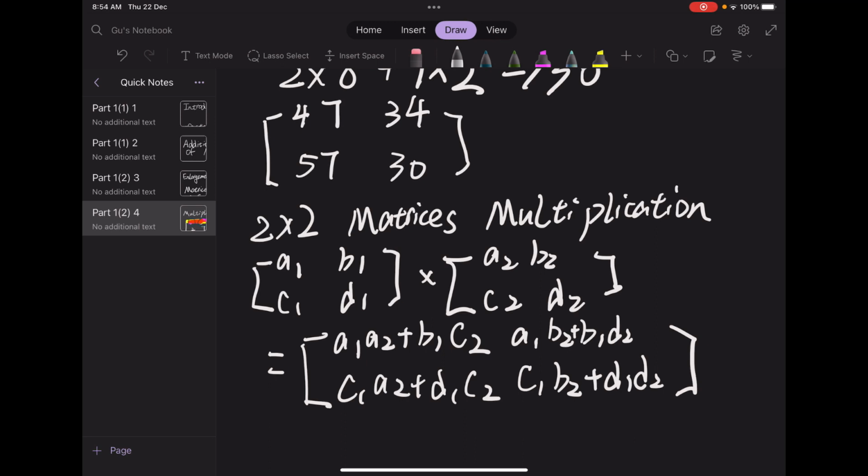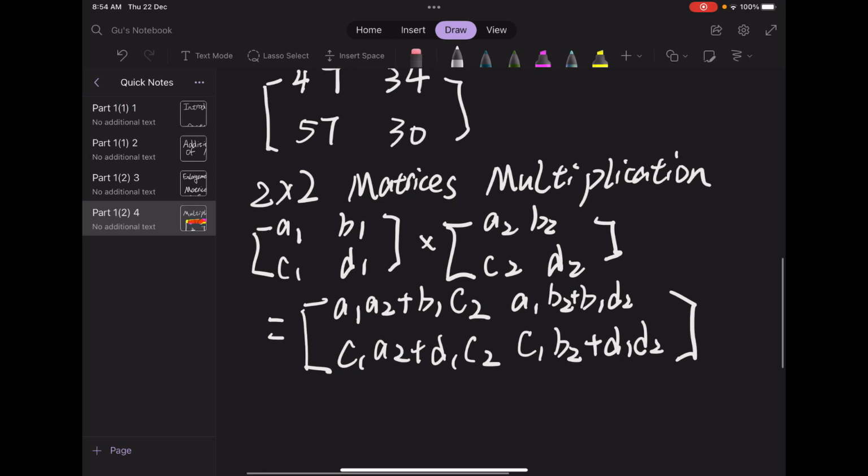This is going to be the general formula for 2 by 2 matrices multiplication.